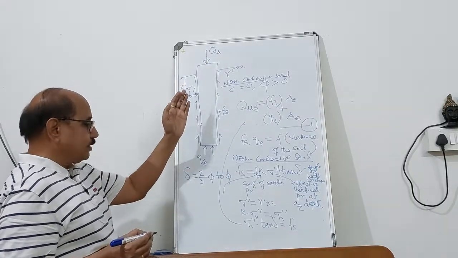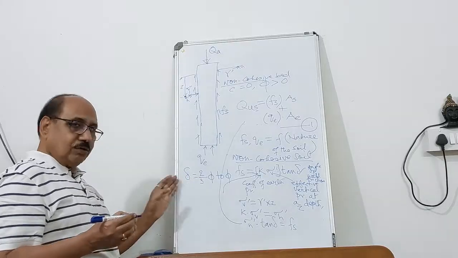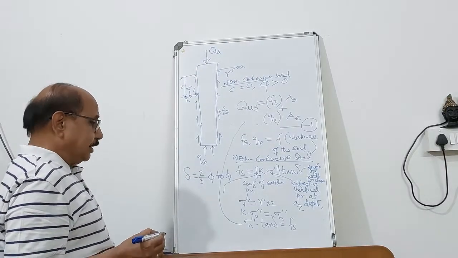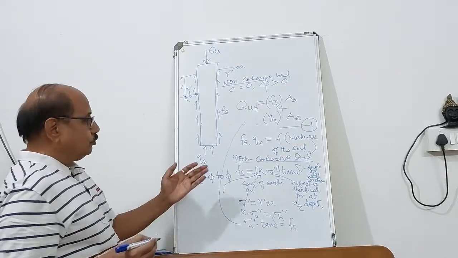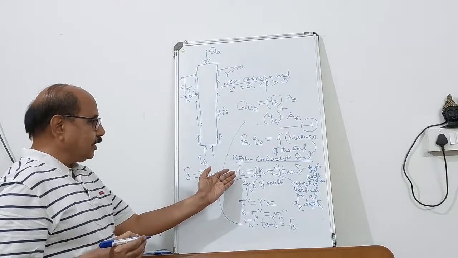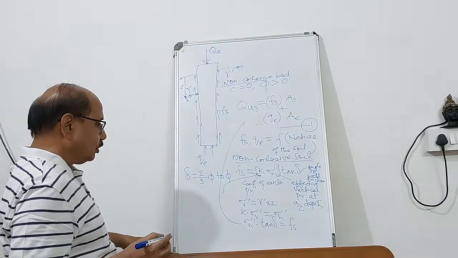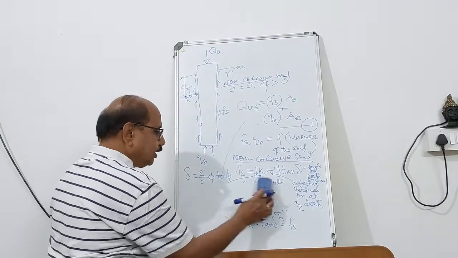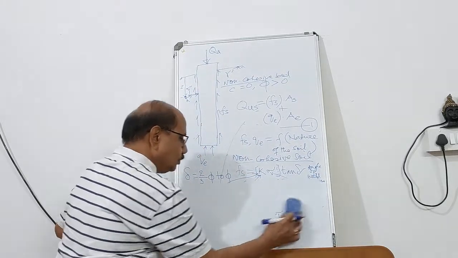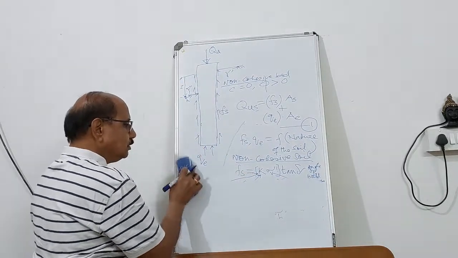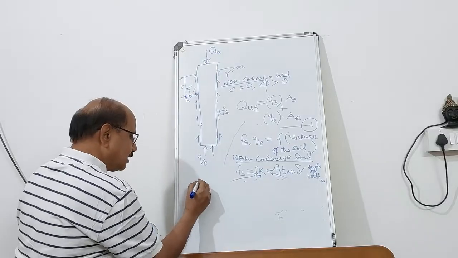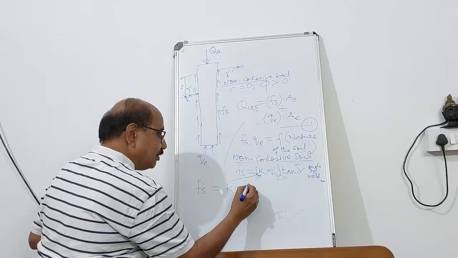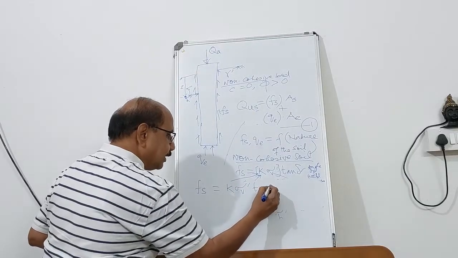If the surface is a little smoother, you can go to the lower side, that is 2/3 of phi. And therefore, you are in a position to calculate the unit skin friction. So the final expression for unit skin friction is Fs equal to K sigma v prime tan delta.